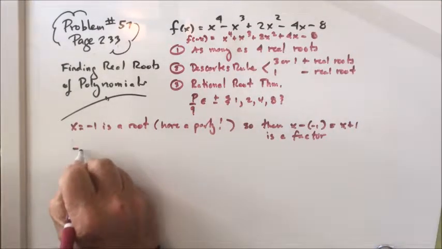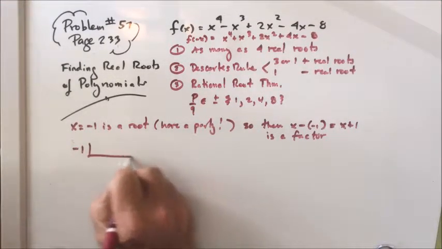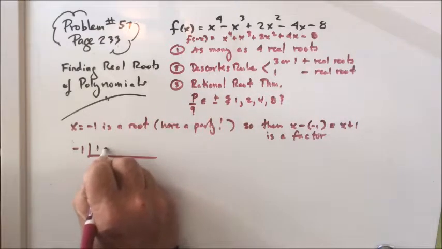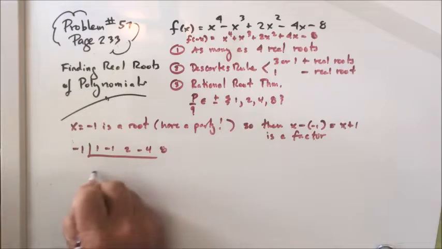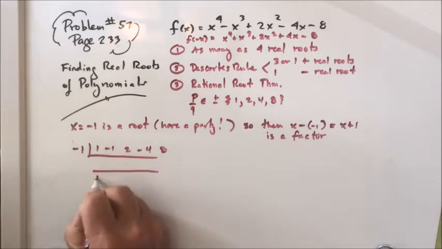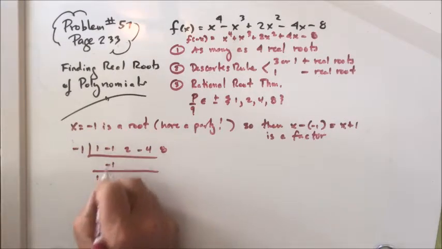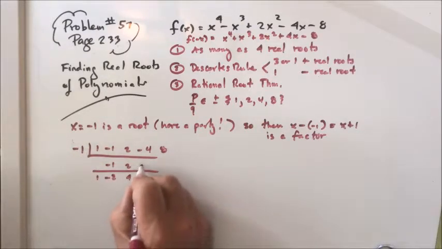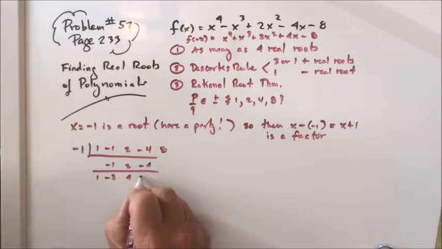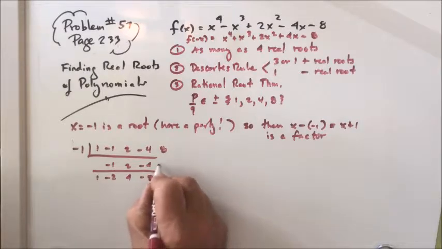That is, I'm going to do a little synthetic division. 1, minus 1, 2, minus 4, 8. Drop down that 1, multiply by minus 1, add these up, minus 2, multiply those, 4, multiply that, minus 4, add them up, minus 8.